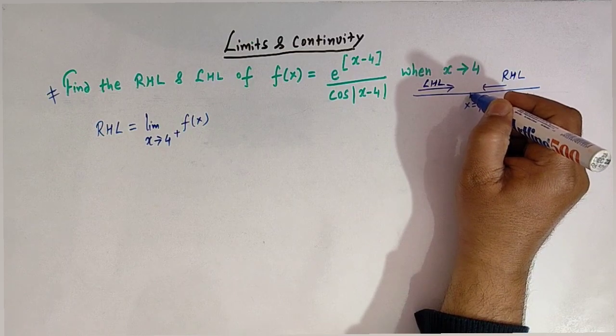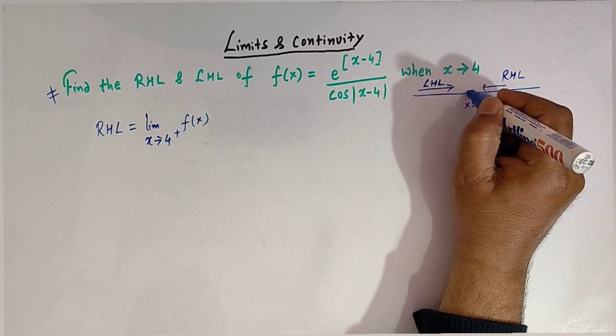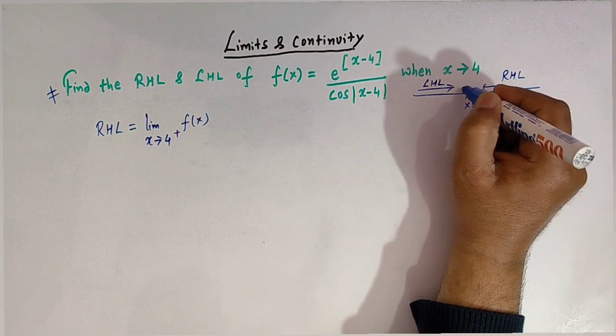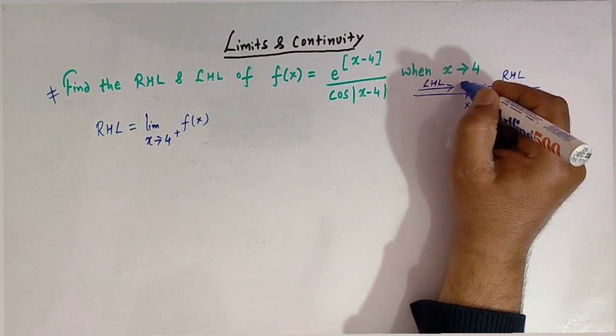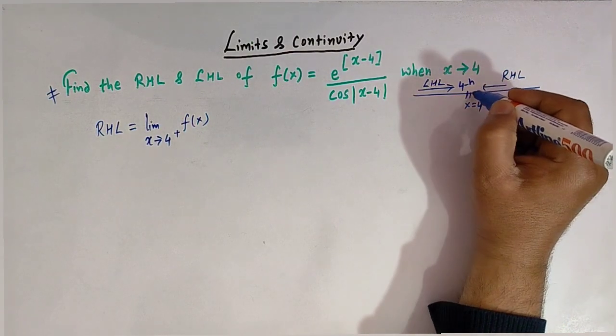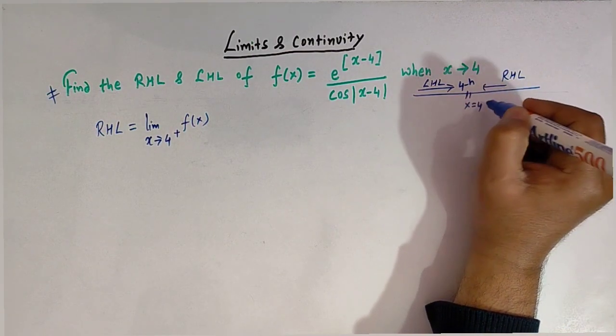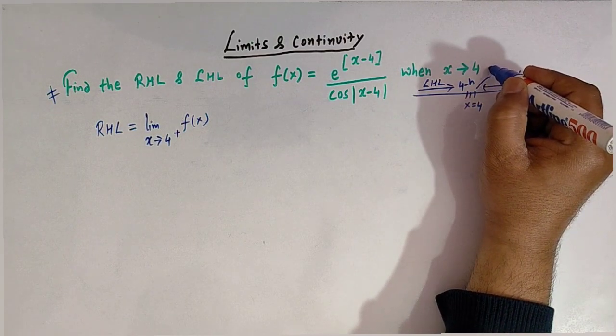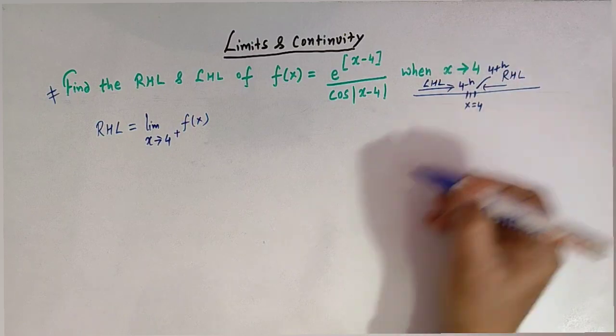So here to the left of x is equal to 4, we have the point x minus 4, or we can write this point as 4 minus h, right? And here to the right of x is equal to 4, we have a point that is 4 plus h.